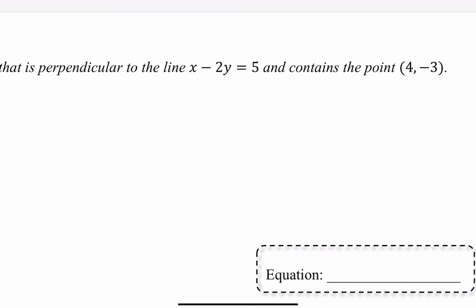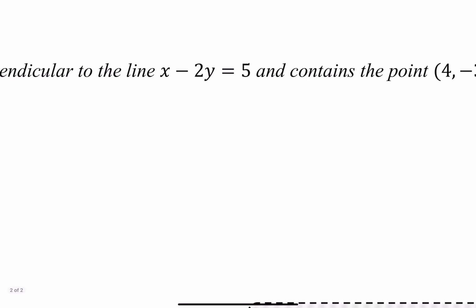On here, this is in standard form, meaning x, y, and then a number. I need it in slope-intercept form. So you do 2 steps. You have to move the x, and then you have to divide by the number in front of y.